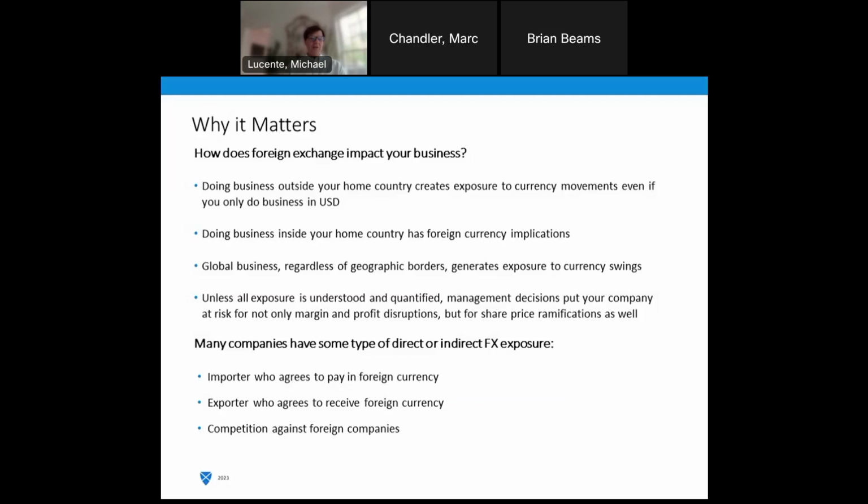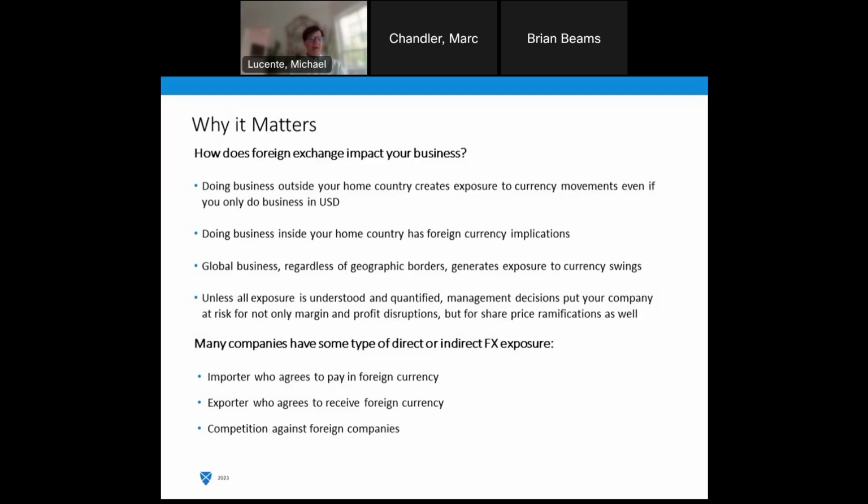So, 3 examples quickly: an importer who agrees to pay in foreign currency, an exporter who agrees to receive foreign currency for goods sold, or competition against foreign companies.